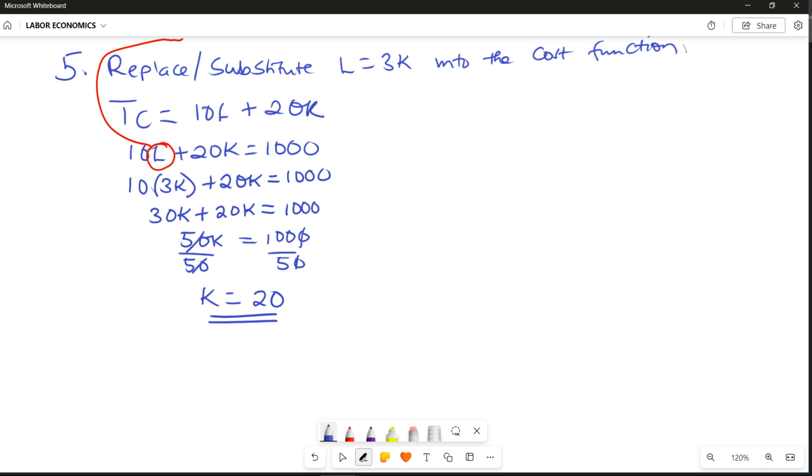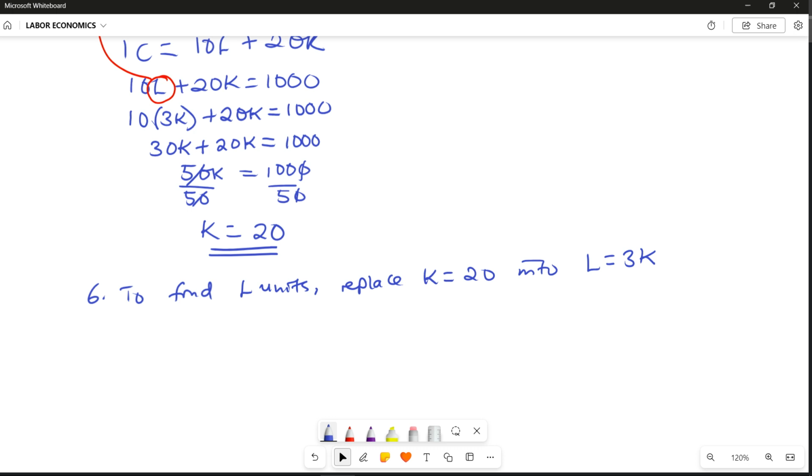How about labor? To find labor units, replace K is equal to 20 into the function for labor, which is L is equal to 3K, the one we defined, that labor is equal to 3 times K. So our L will be 3 times 20.